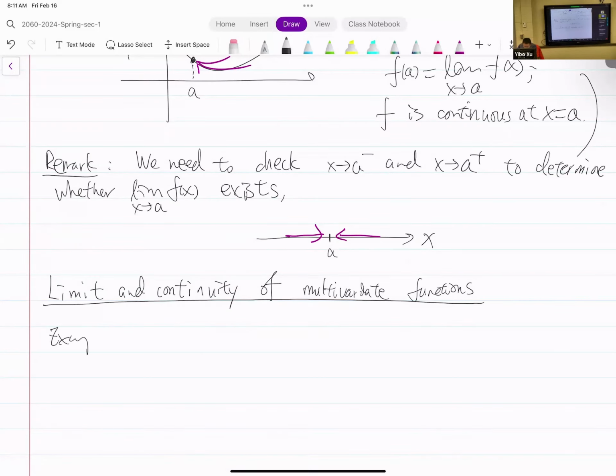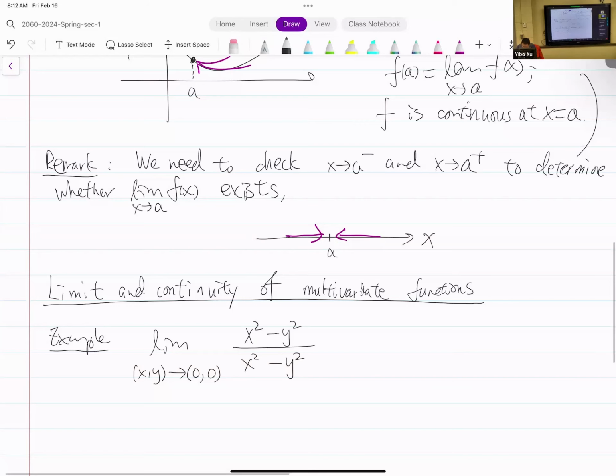So for instance, let's look at this example. We want to study the limit. Now we have the input pair, okay? So this is now a pair of x, y that's approaching some point in the xy plane. So let's say we're approaching the origin. And we want to study the behavior of the function x squared minus y squared over x squared plus y squared.